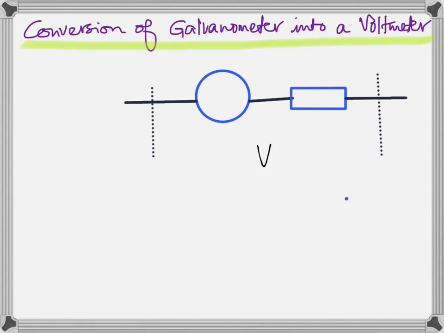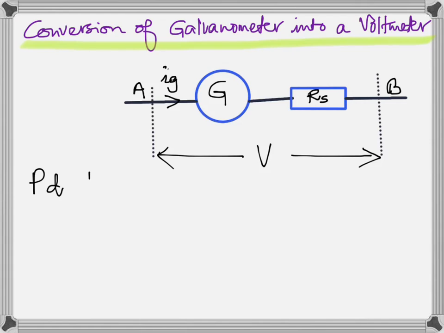Okay, the exact opposite of what you did before. Now you put a high resistance in series with it. Okay, the potential difference between A and B. Potential difference is current multiplied by total resistance, isn't it?